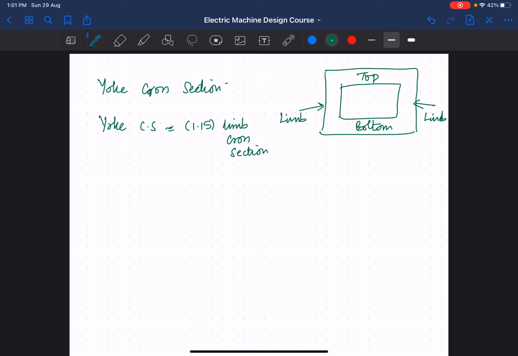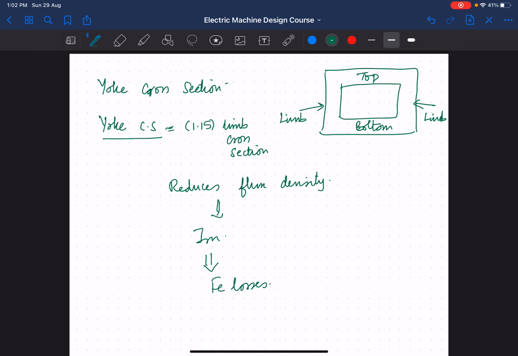Okay, the cross section area of the yoke is around 1.15 times the limb cross section, and this is done because this reduces the flux density, which reduces the magnetizing current, which reduces the iron losses.